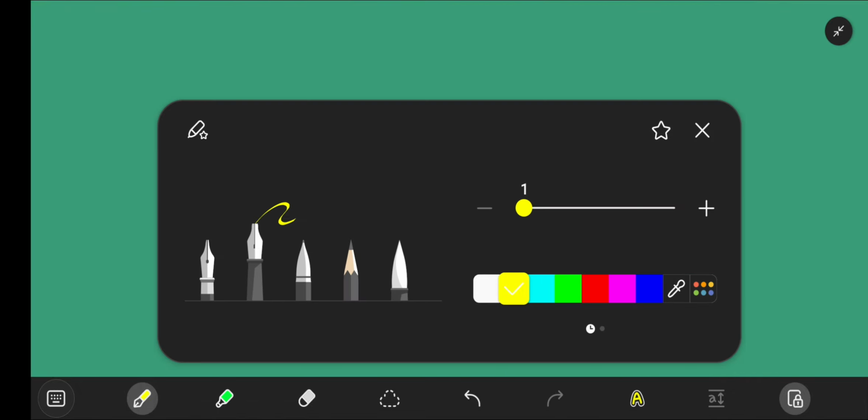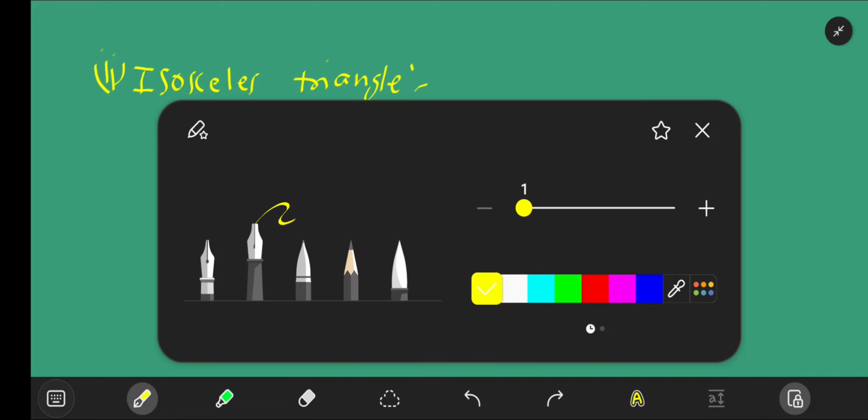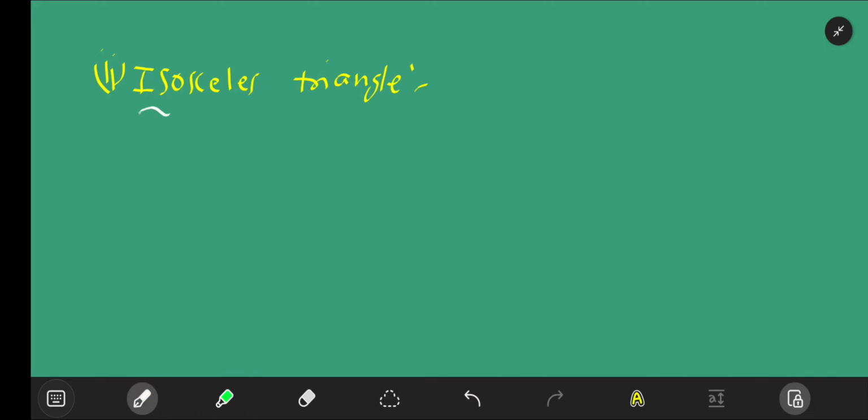Next, let's go with the second type based on sides. Second one is isosceles triangle. In this type of triangle, two sides must be equal. Any two sides.